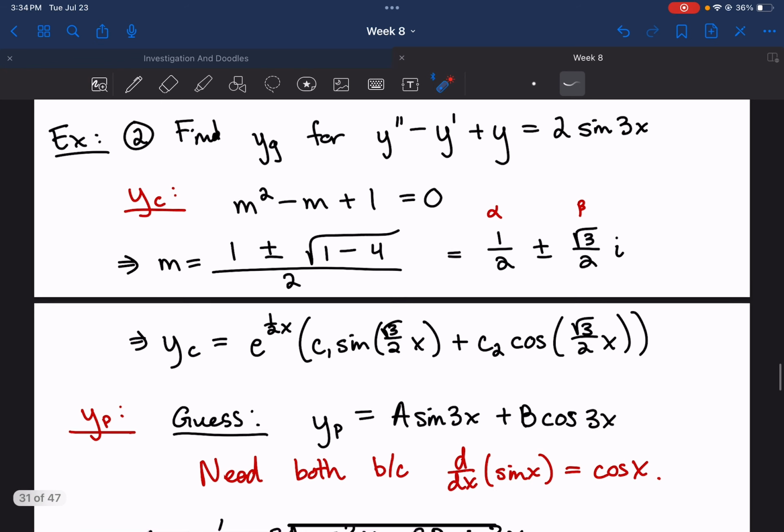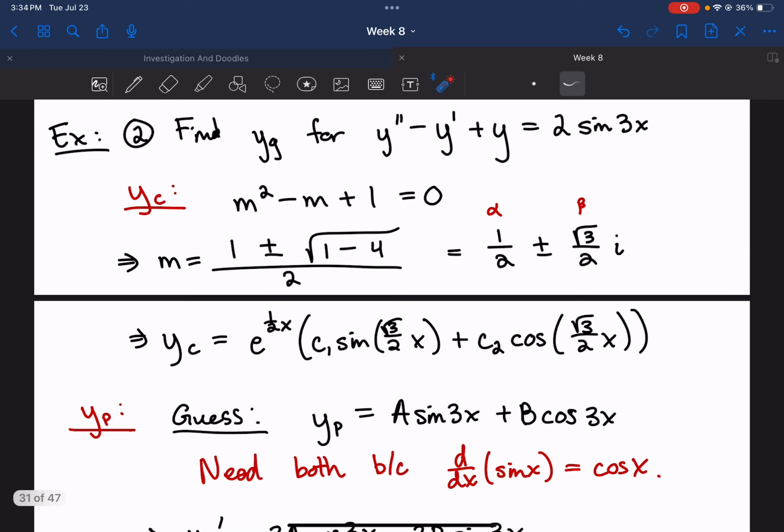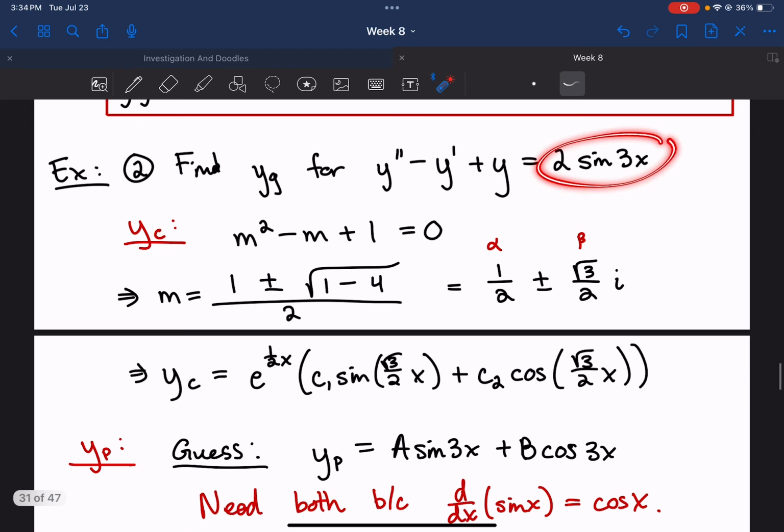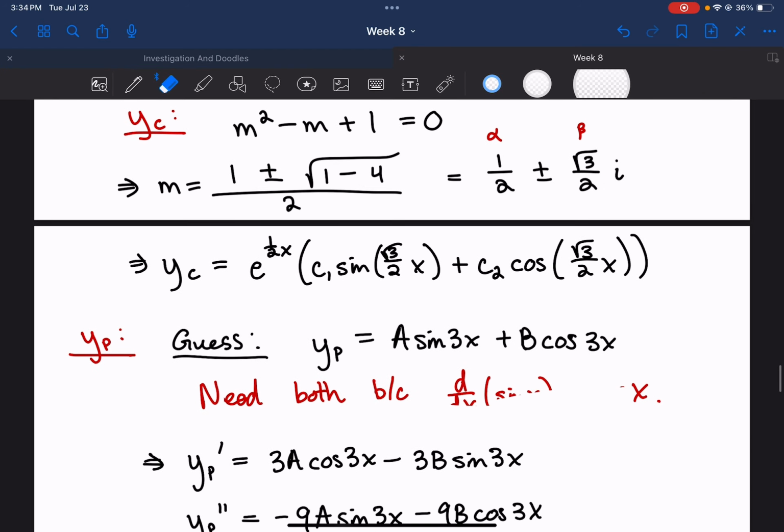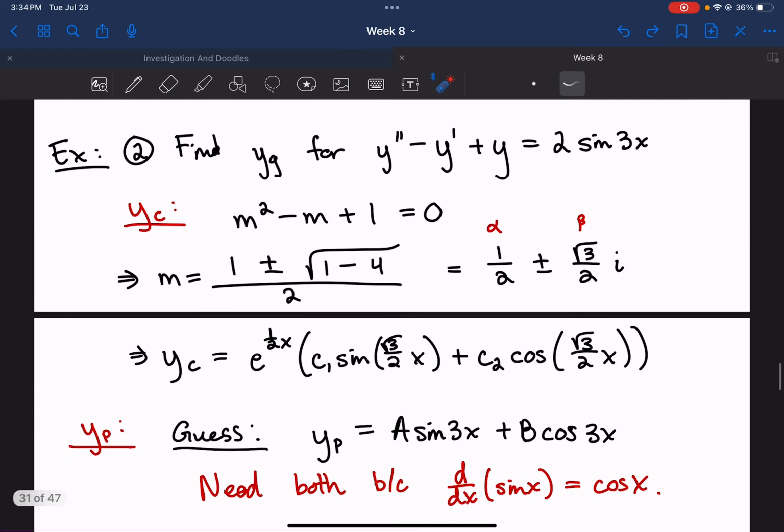But because I'm taking derivatives, sines and cosines like to flip back and forth. So my particular solution is going to be some number a times the sine of 3x, plus some number b times the cosine of 3x.